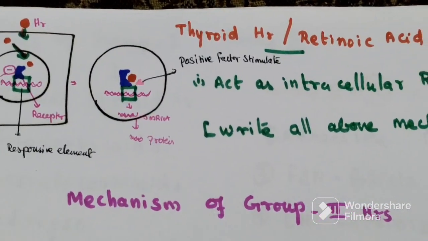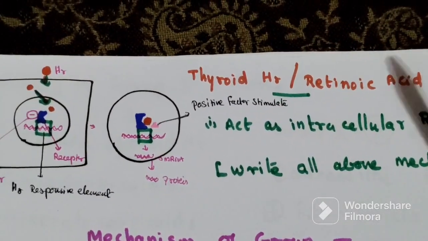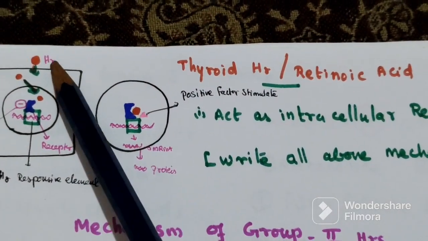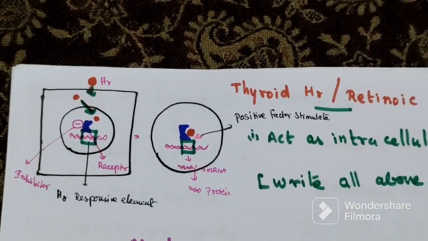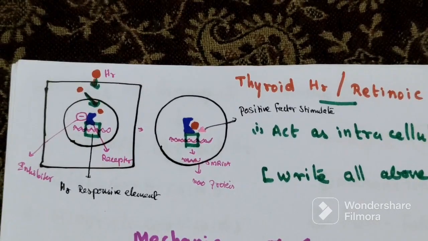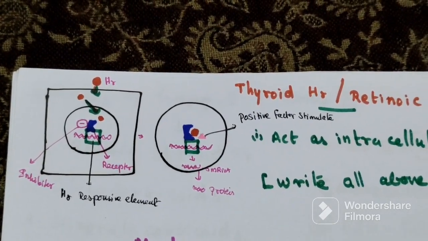So in the case of retinoic acid or thyroid hormone, which are intranuclear receptors, what happens is that they travel to the cell membrane.